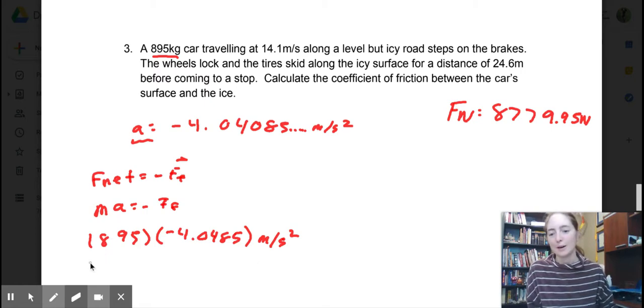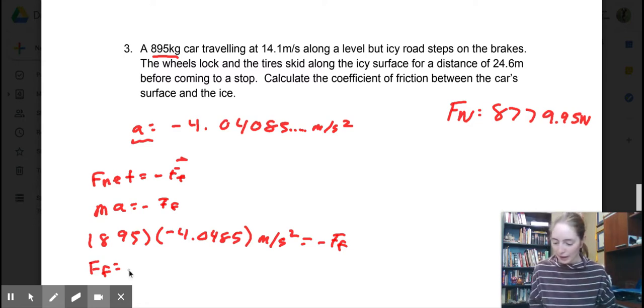Okay. So now our force of friction is going to be the lovely number of 3,616.564 newtons.